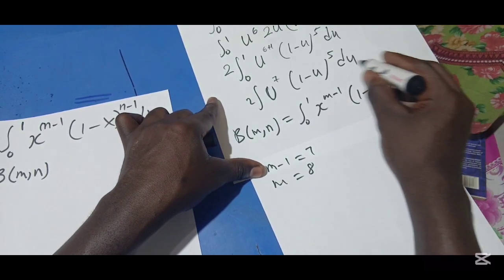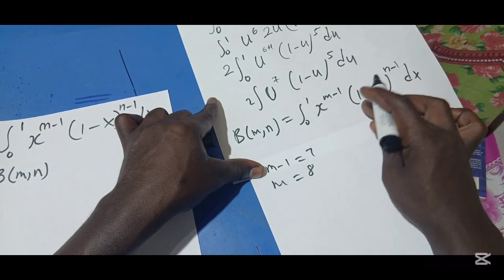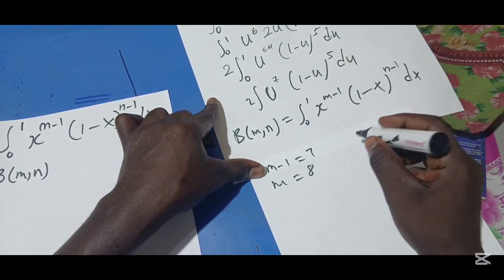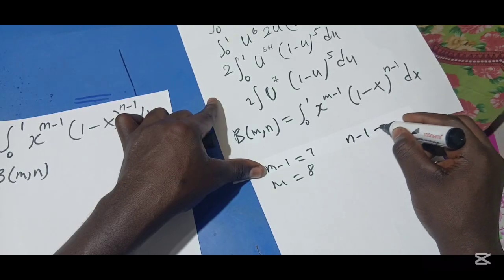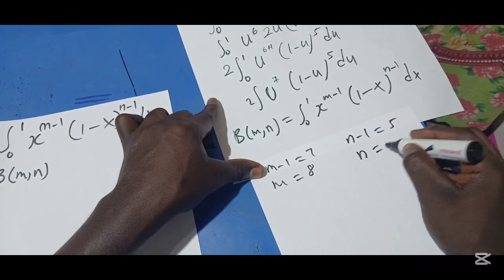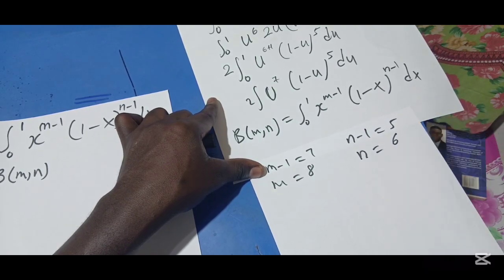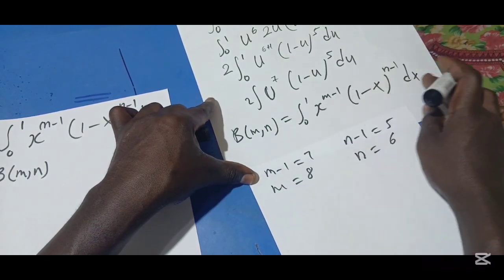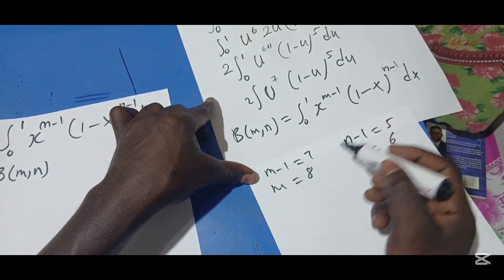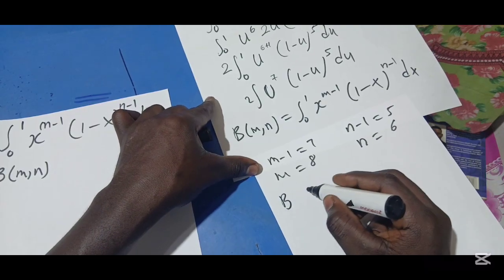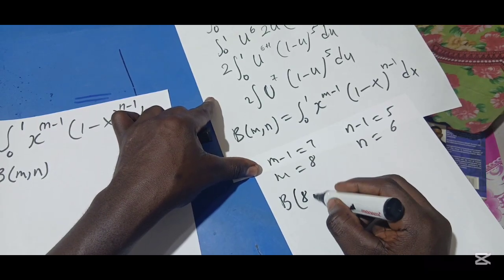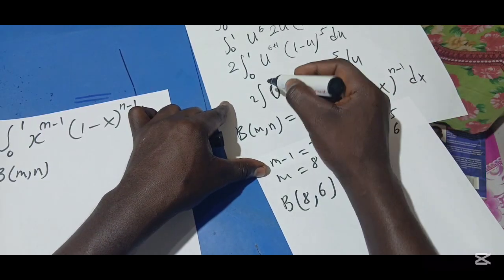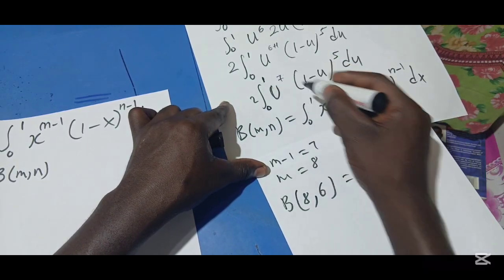And n minus 1 here should correspond to what is in the bracket. You can actually see the terms, 1 minus u, so equate their powers. So we have n minus 1 giving us 5, and our n here is going to be 6. So now we know our beta of m, n. This our beta of m, n, which is 8, 6, gives us this integral from 0 to 1.